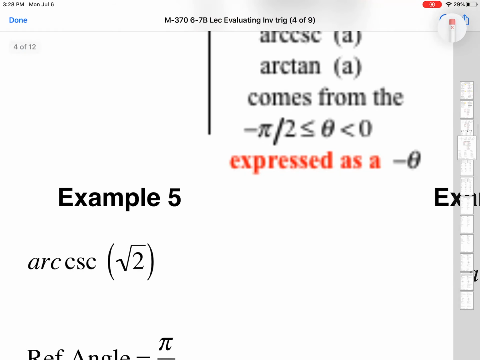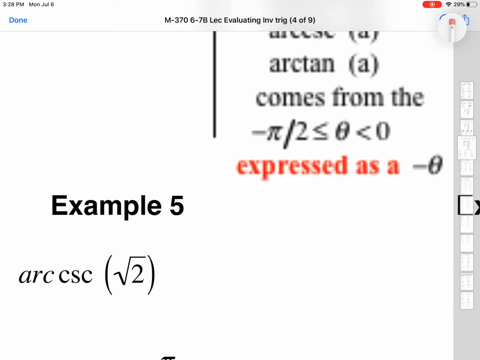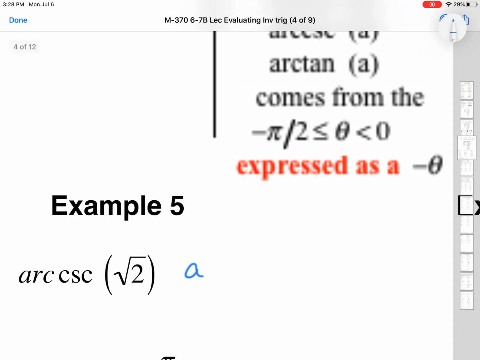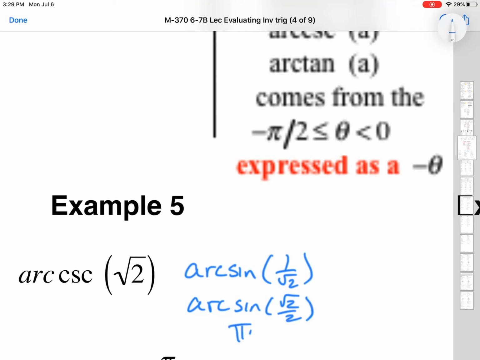How about arccosecant of root 2? Here's how I would suggest to do arccosecant of root 2. Cosecant is the flip of sine, so let me change something momentarily. This is totally the same as the arcsine of 1 over root 2, if you flip that, which is the arcsine of root 2 over 2, which you know is a pi over 4 reference angle.